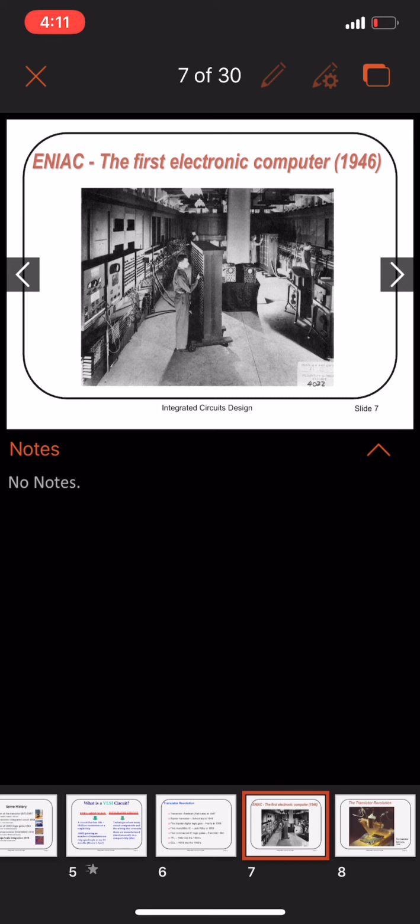Here in the slide you can see the first electronic computer in 1946. You can see that this computer is very big. It was based on vacuum tube technology, and even the laptop or the mobile phone you are carrying today is millions of times more powerful than this computer.